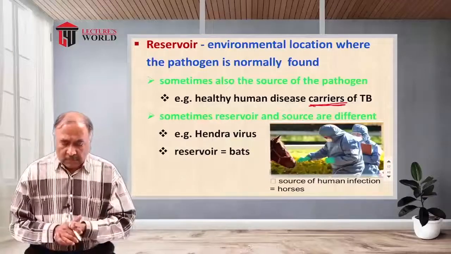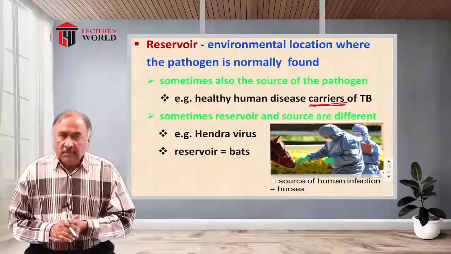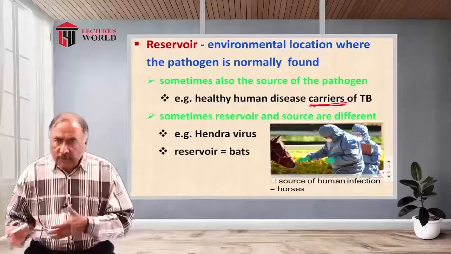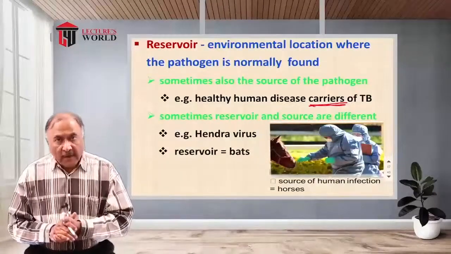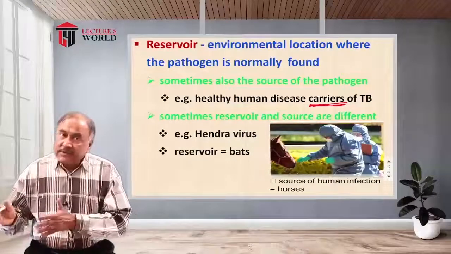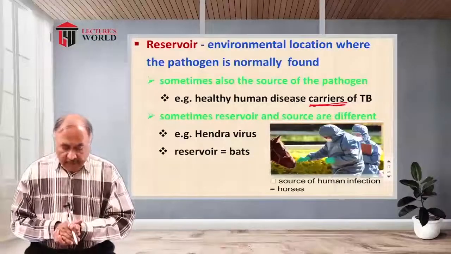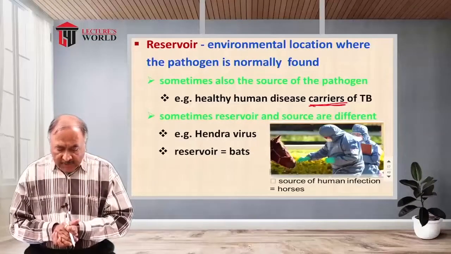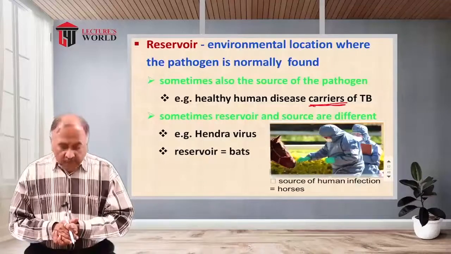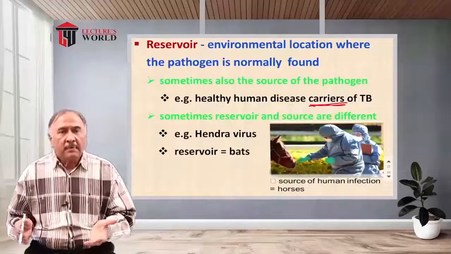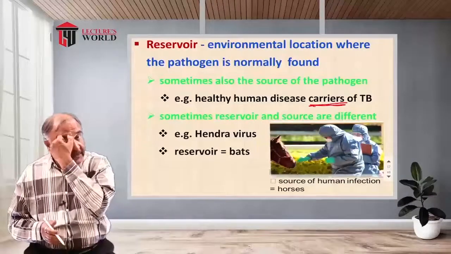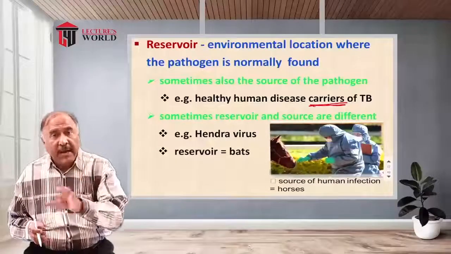So reservoirs are sometimes the source of a pathogen itself, or sometimes reservoir and sources are different. For example, in case of Hendra virus, in case of this particular viral disease, the reservoirs are bats.